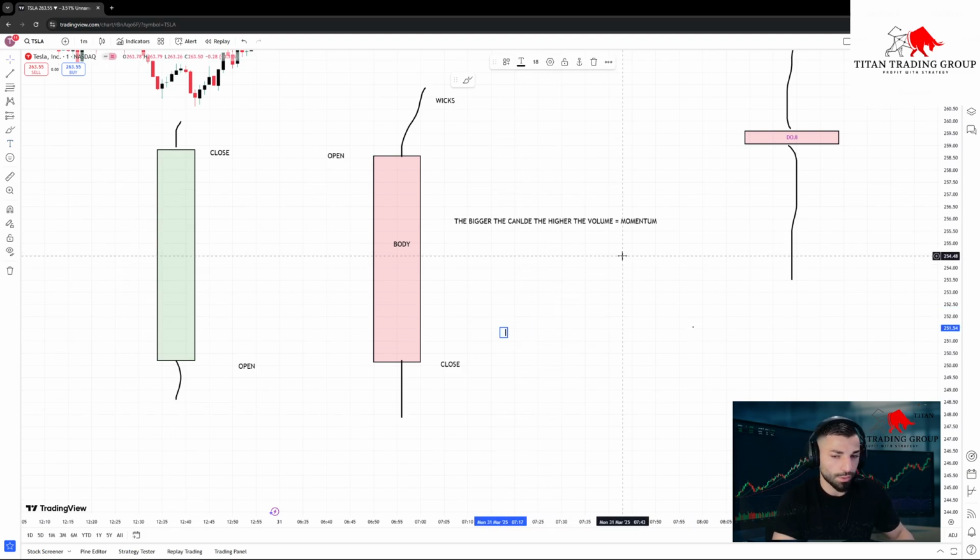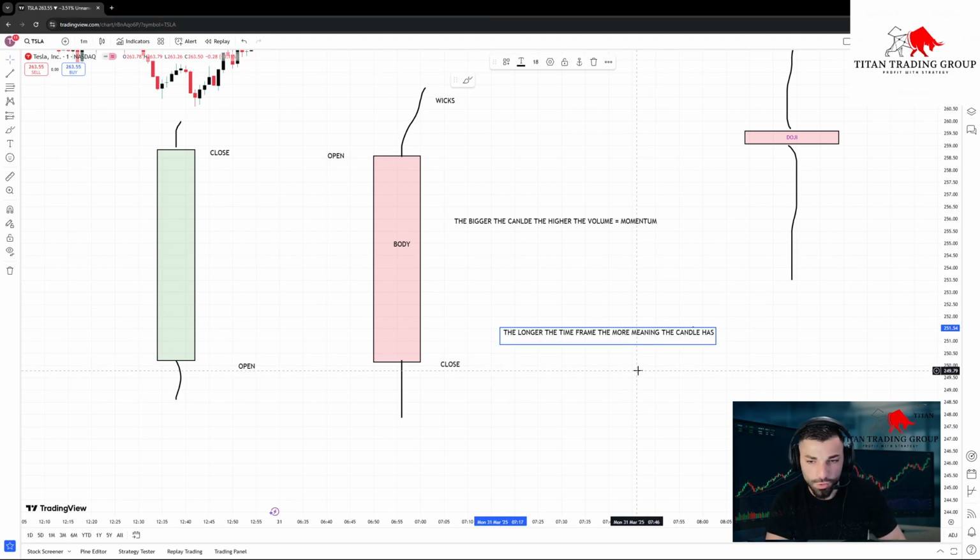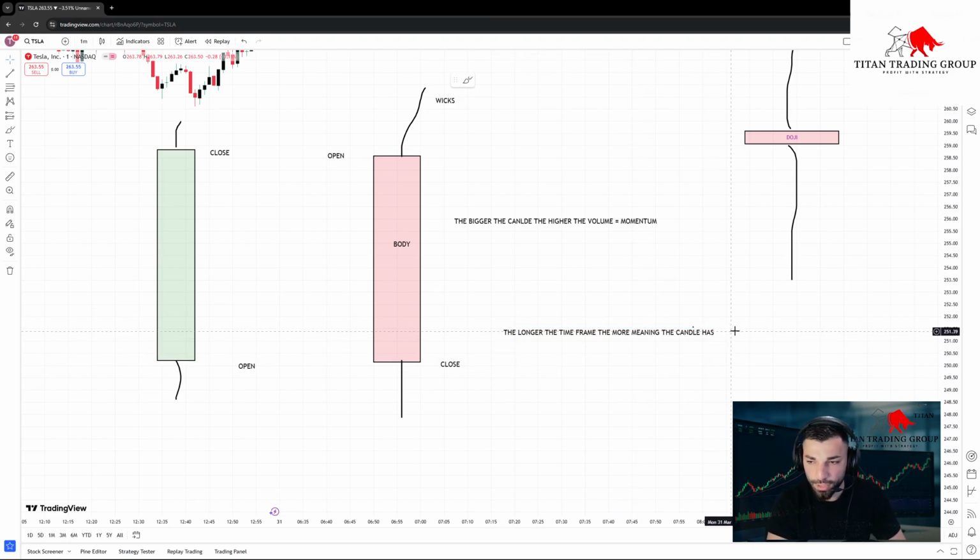And remember, the longer the time frame, the more meaning the candle has. Okay, excuse my writing. I'm an immigrant.